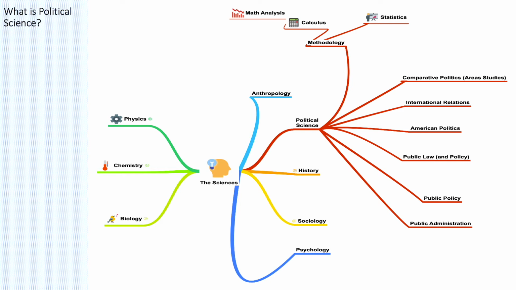So that's methodology. And of course, this type of approach, a heavily mathematical approach, which includes abstract mathematics and actual quantitative data, is not unique to political science. Many social sciences have absorbed this approach.